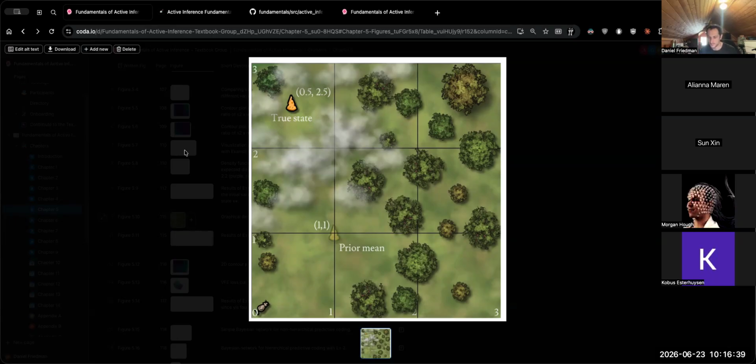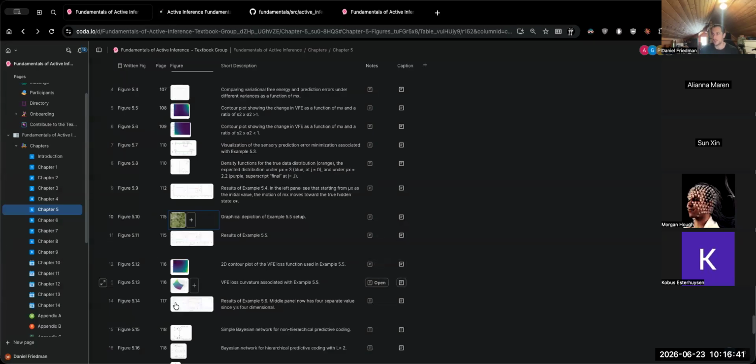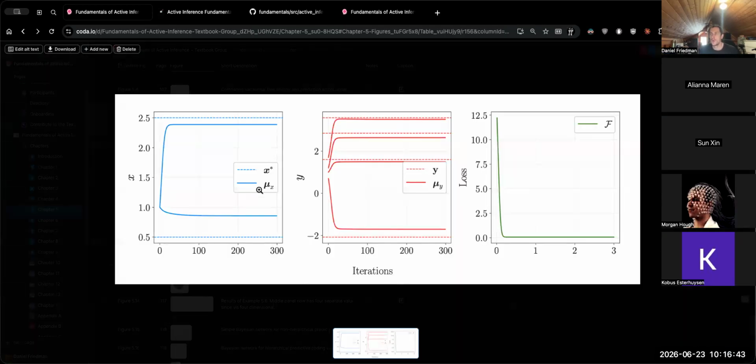And we can see from figure 5.14, we have two true x values. And then mu sub x, mu is just Greek for mean. It's the mean central tendency of those x estimates. It'd be nice if they were numbered, like sub one or sub something.